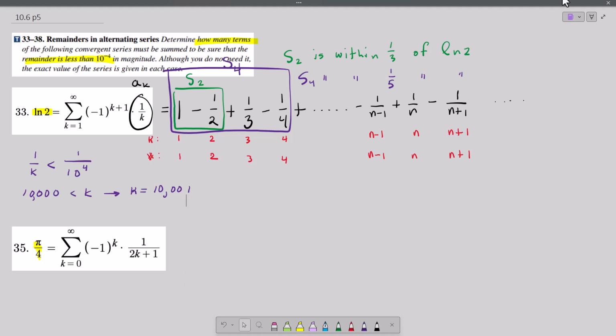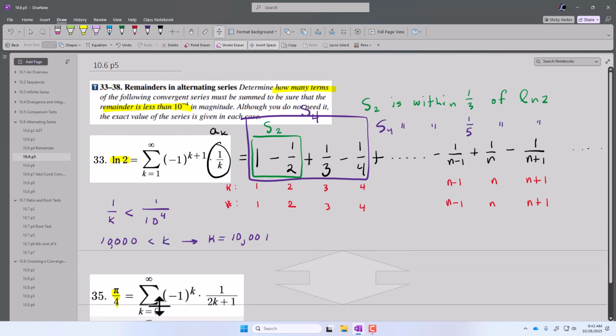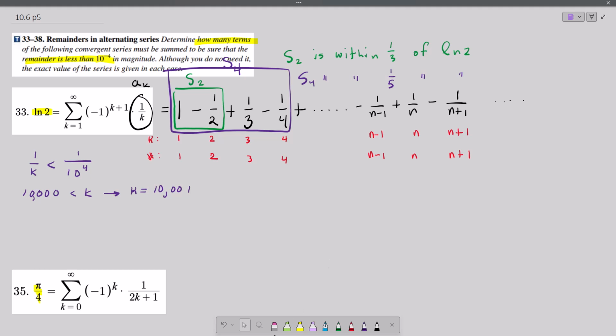So how many terms are we going to add together? When k is 10,001, so when this is 10,001 in the denominator, that term's going to be less than 10 to the negative 4. We have to add everything in front of it. So how many terms are in front of that? 10,000 terms.